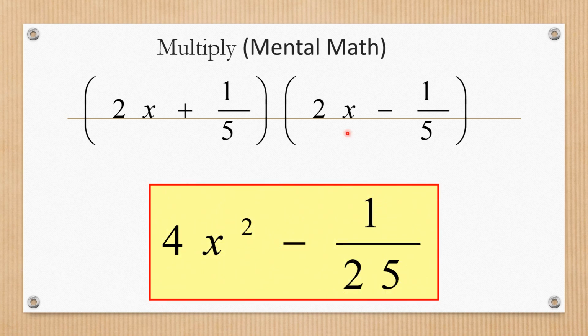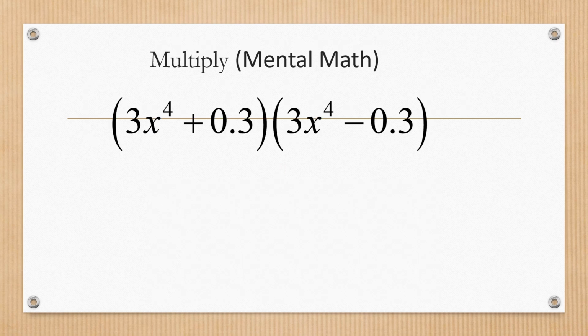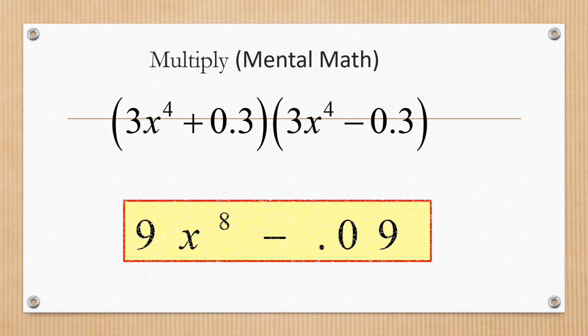And then 1 times 1, that's 5 times 5, that's 1 over 25. That's correct. And then in here, we have 3 times 3, that is 9. x to the fourth minus 0.09. All right, that's correct.